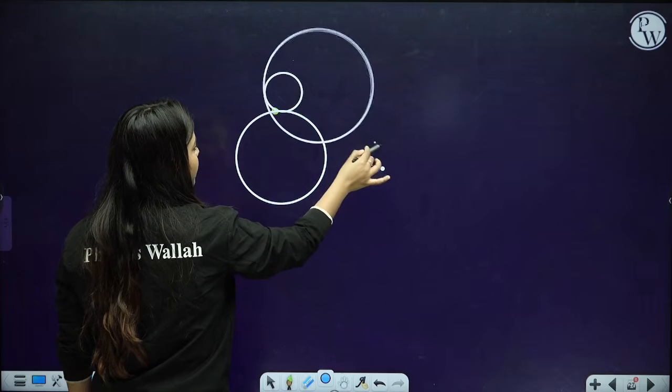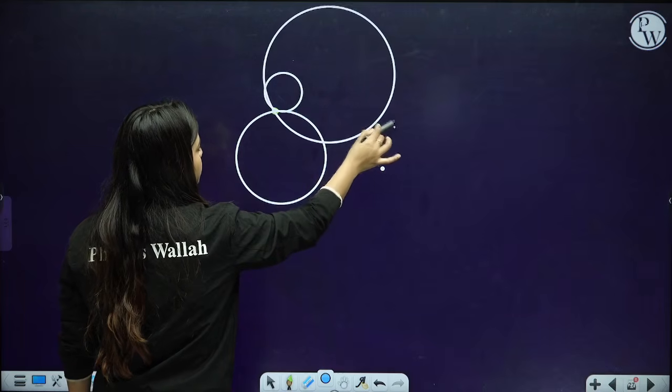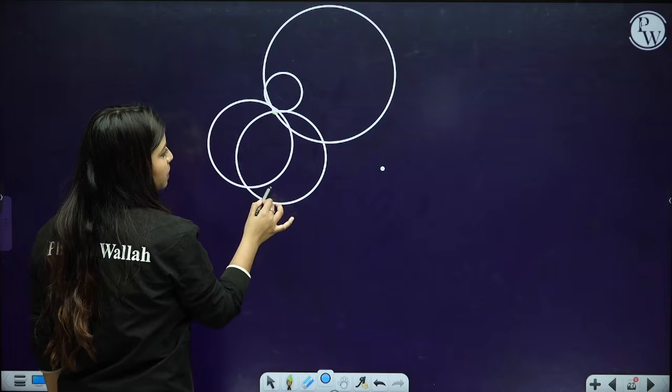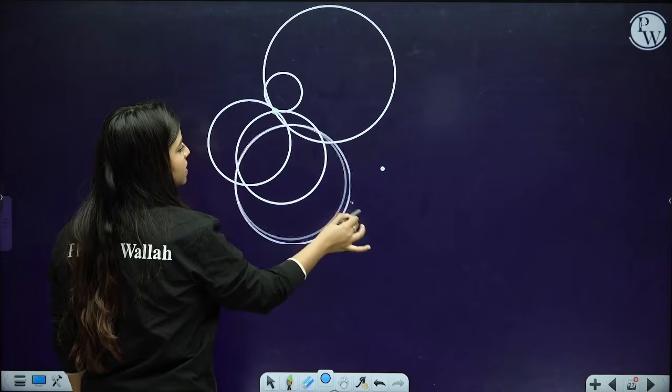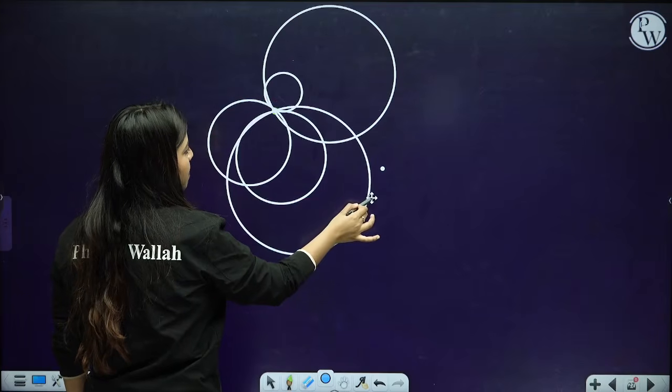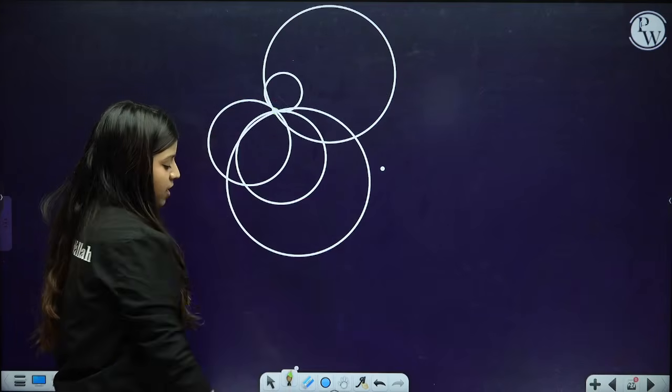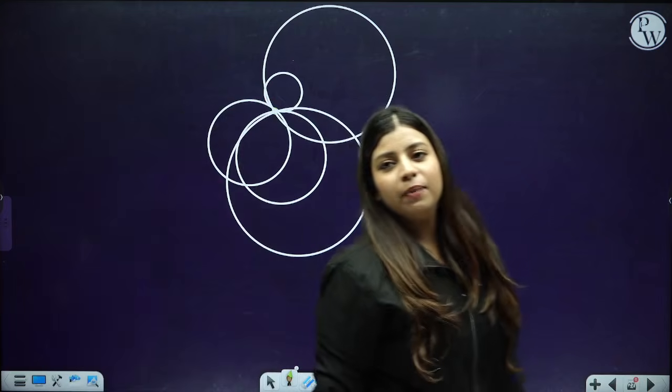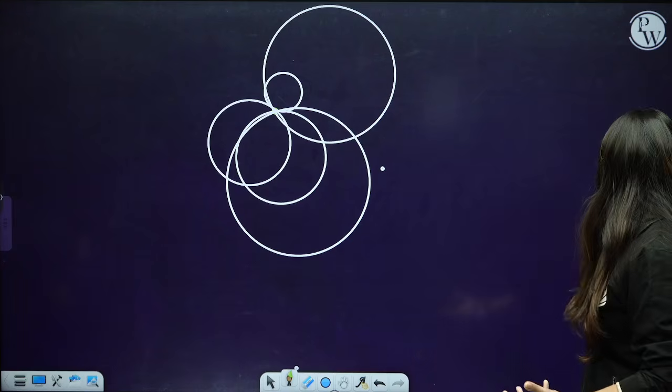All these circles that I am drawing right now are passing through this one single point. So if I have one single point on my plane, infinitely many circles can pass through it.